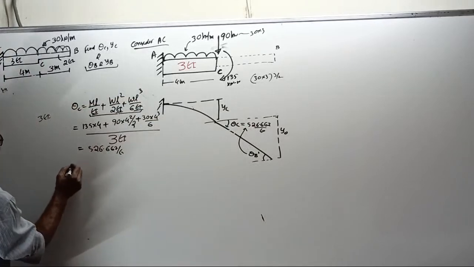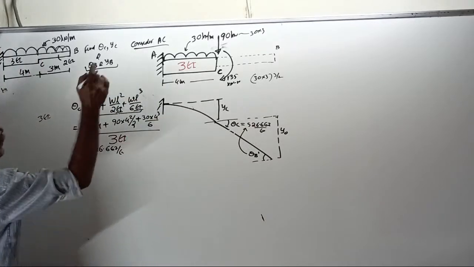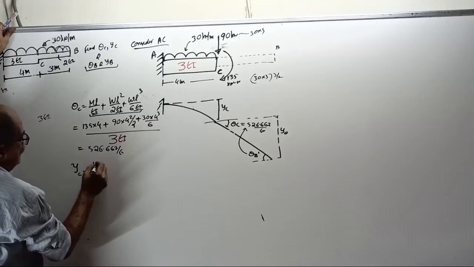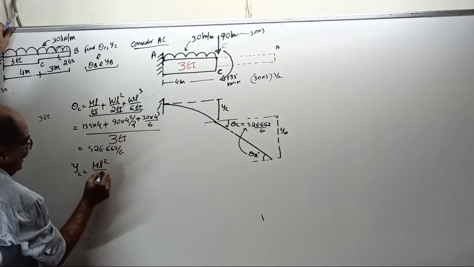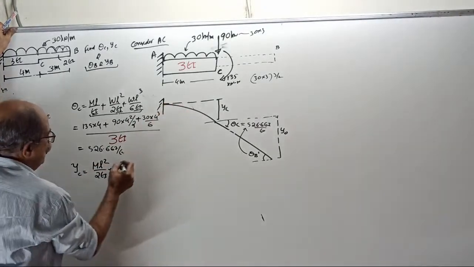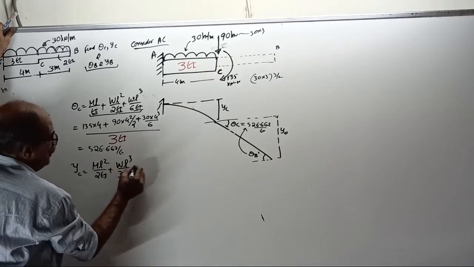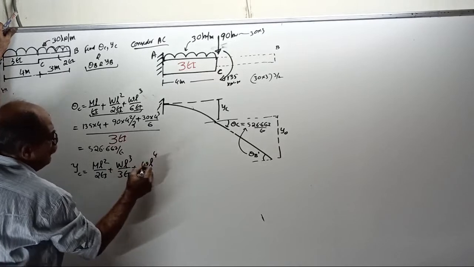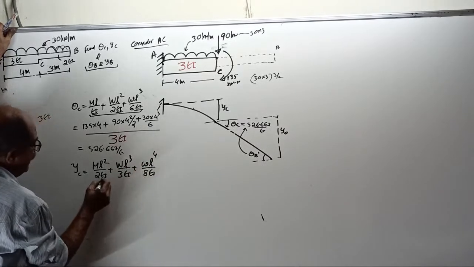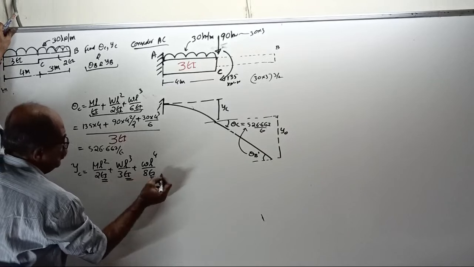Then I want the deflection at C. For couple, the formula is ML square by 2EI. For point load, WL cube by 3EI. For UDL, WL power 4 by 8EI. But remember, all this EI should be what?